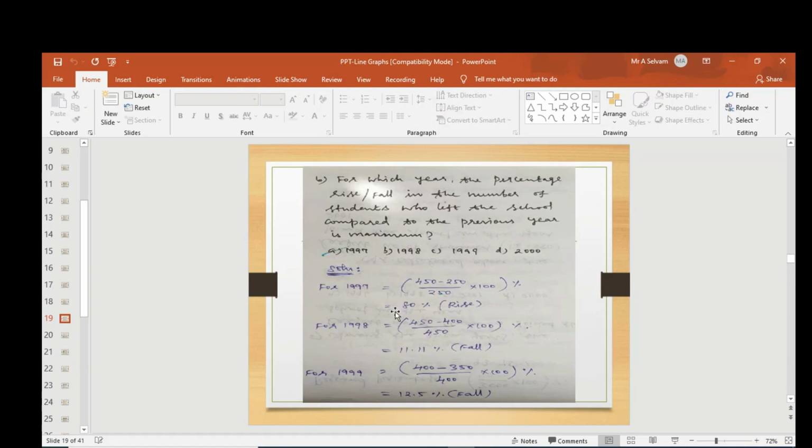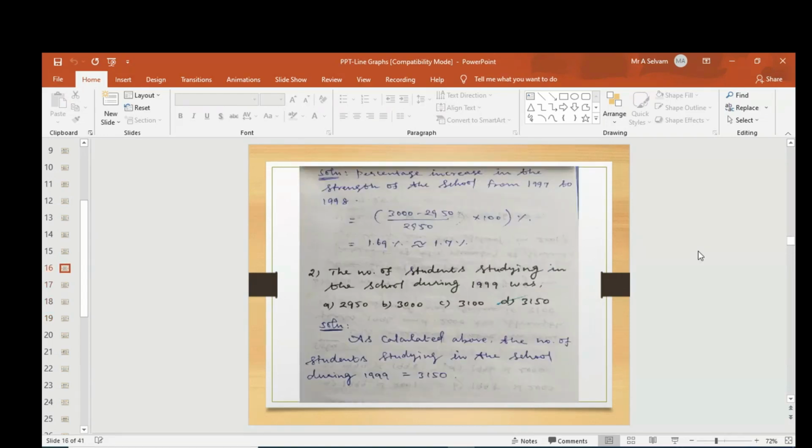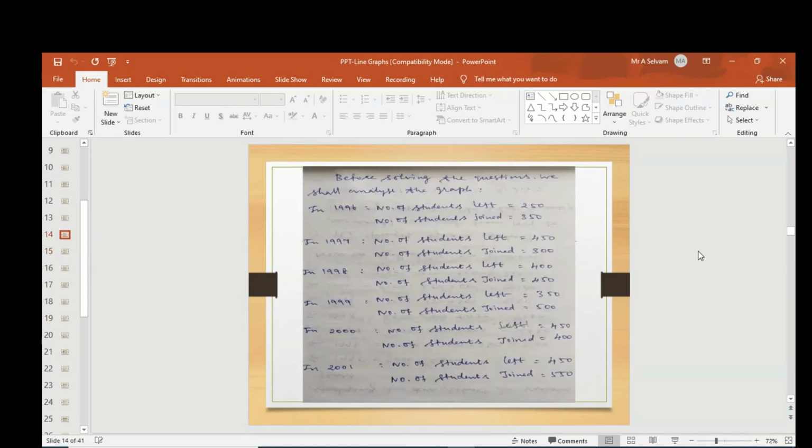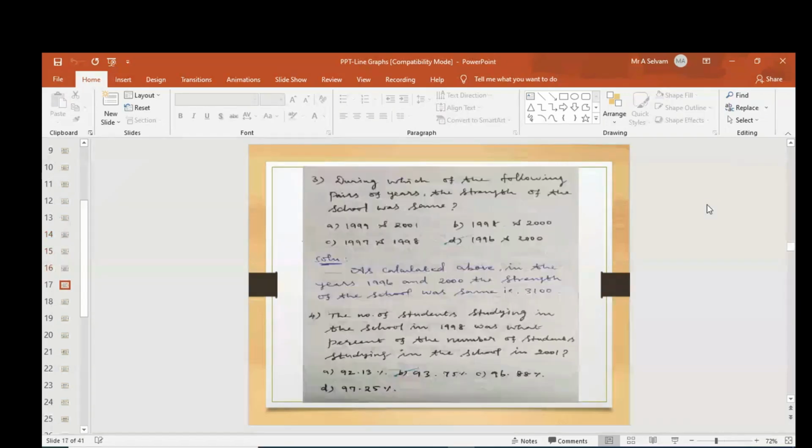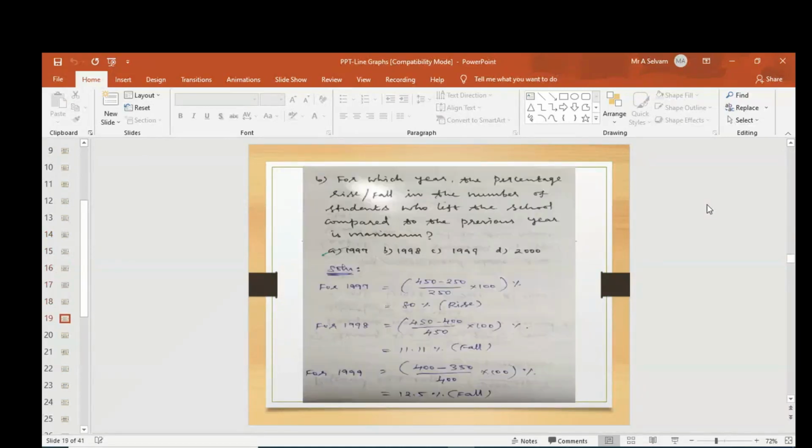Now the solution. For 1997, we have to compare with the previous year. Look at the 1997 value: 450 compared with 250. Likewise, 1998, 400 compared with 450. They are asking only about students who left the school, so we find the percentage against the previous year.